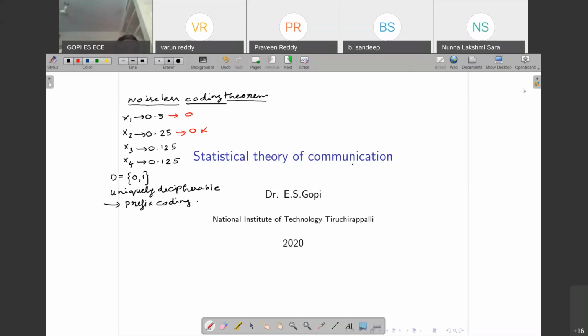So we need to have some bound on how many bits we can assign for individual samples x1, x2, x3, and x4. It means symbols.